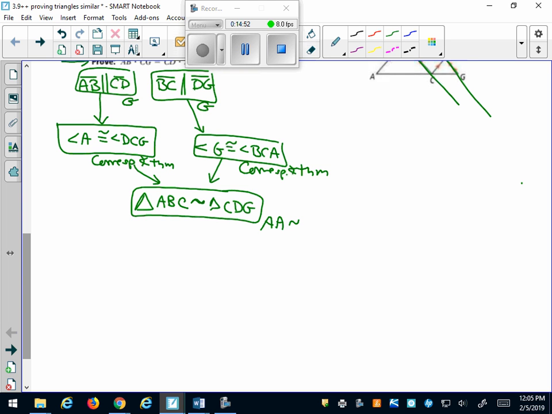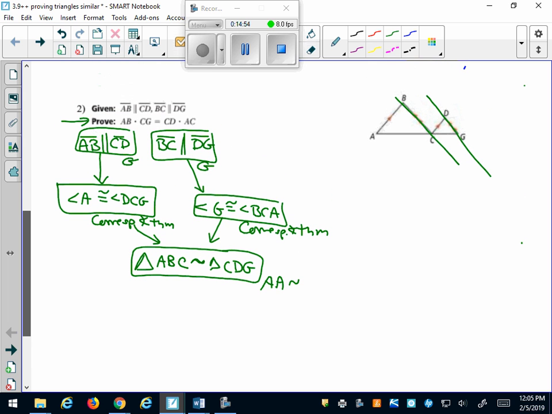What we are going to do is write a proportion that involves these sides. Side AB, that's this one. Side CG, that's this one. Side CD, that's this one. And side AC, that's this one.